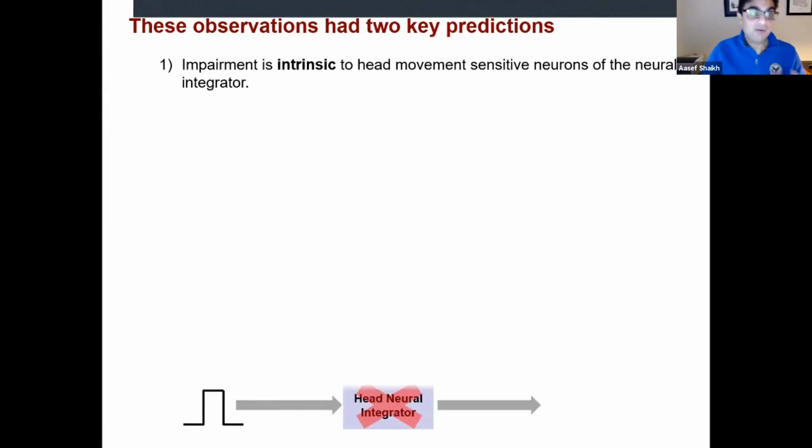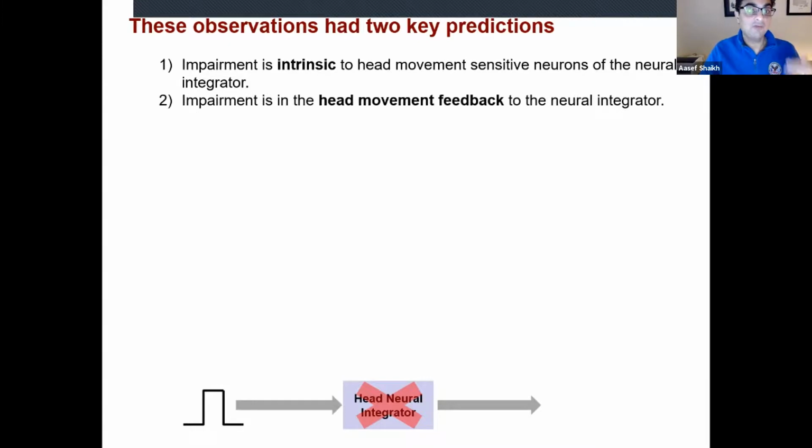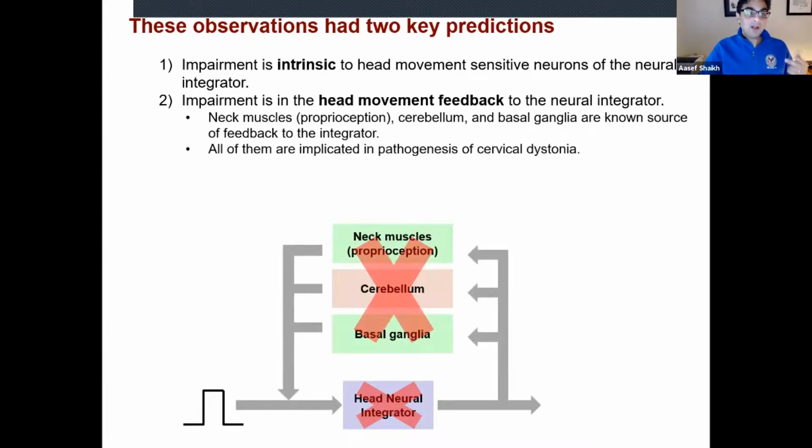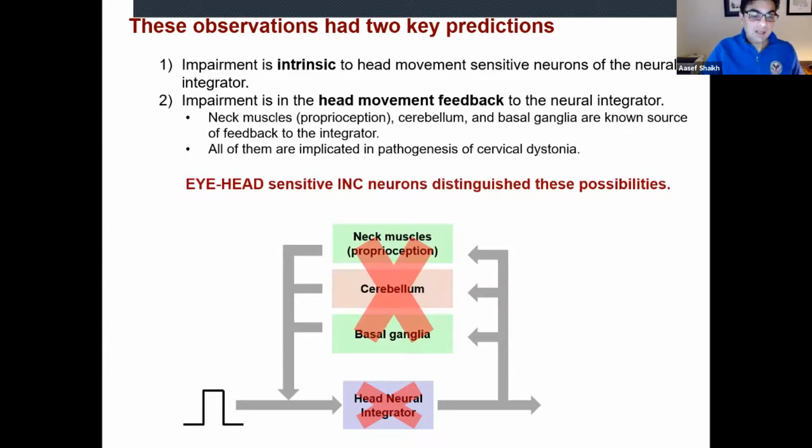So we leveraged the ability to have eye-head sensitive neurons, right? If the problem is with the integrator, then what you will see is that if the neuron is activated with the head or with the eye, it would decay, right?